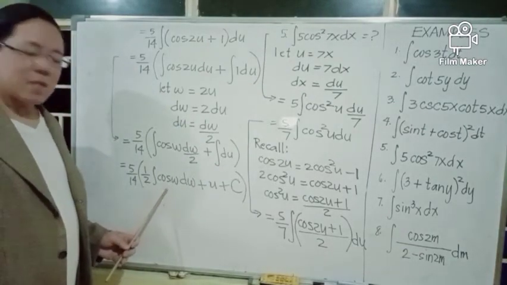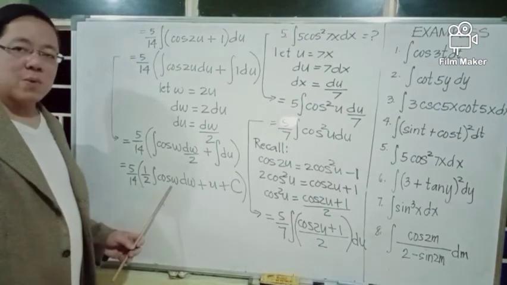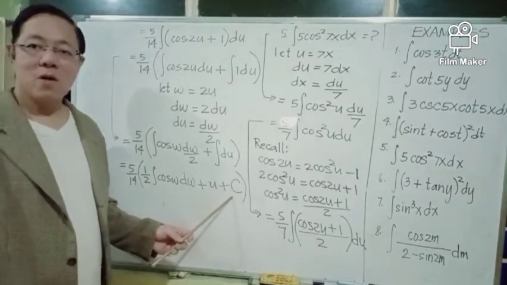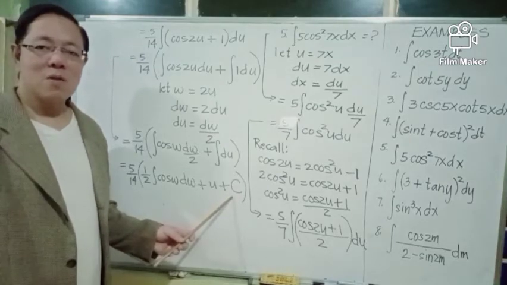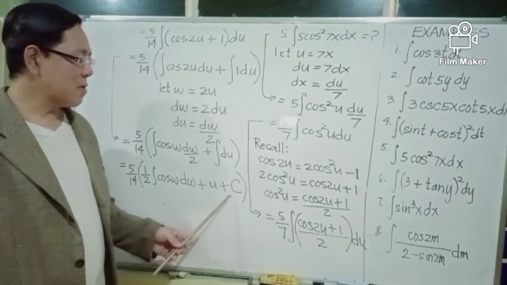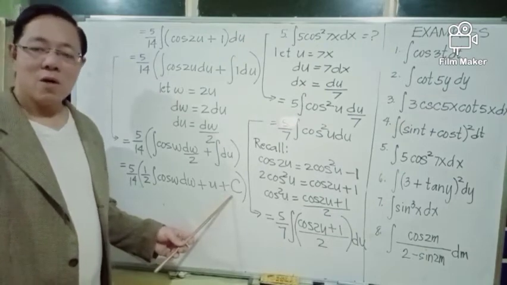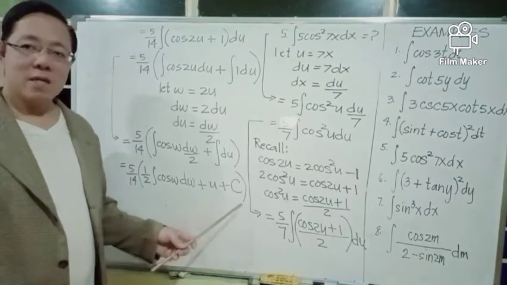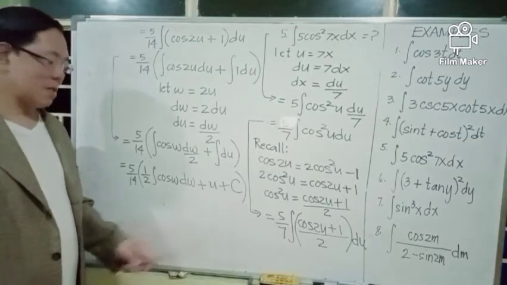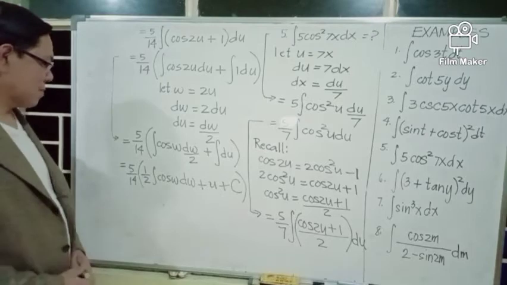When we integrate cosine of w, we will add a constant. But that constant will combine with this constant and the sum is also a constant. So instead of doing that, we simply write the constant one time at the end. And we represent that constant by capital letter C.